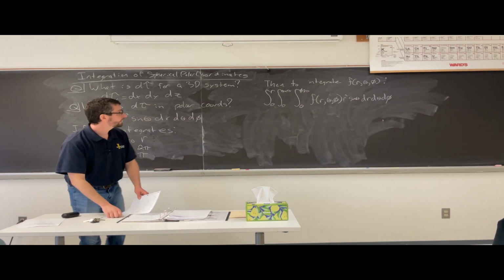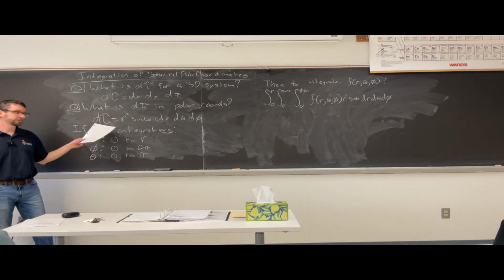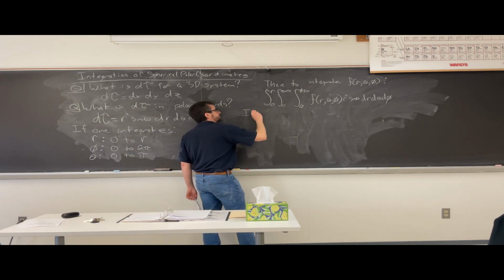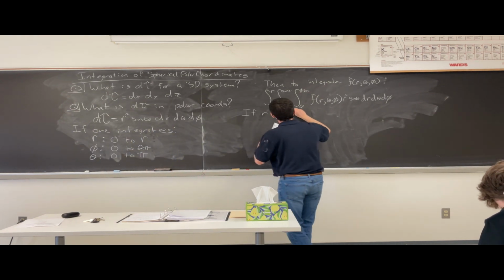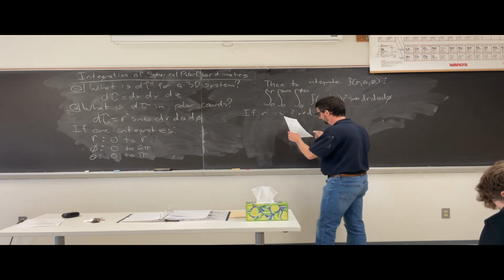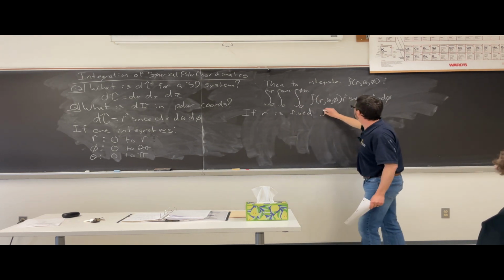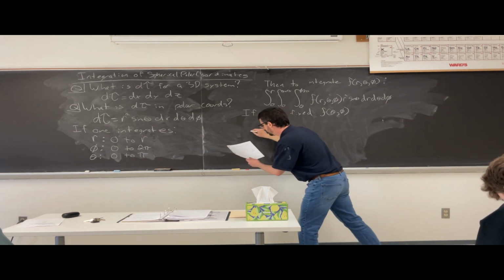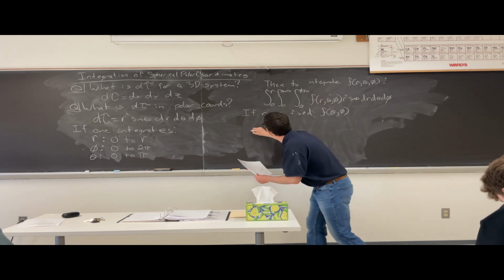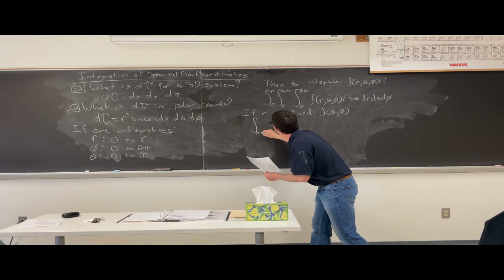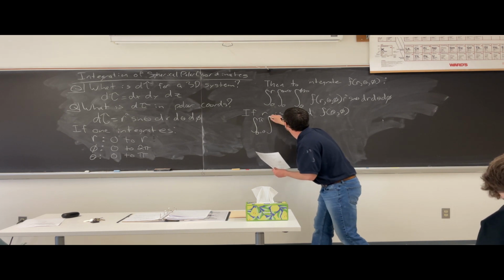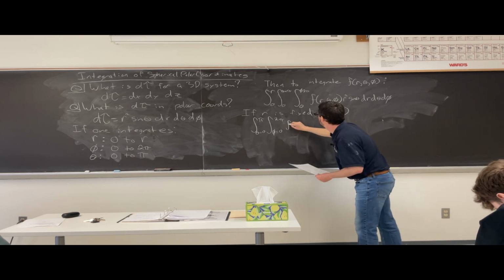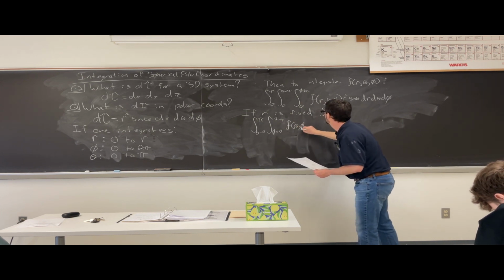Okay. However, we're talking about spherical harmonic functions, so what thing is fixed? Yep. R is fixed. And F depends only on theta and phi. Then we can ditch the R stuff. We have theta from 0 to pi, phi from 0 to 2 pi, theta, phi.